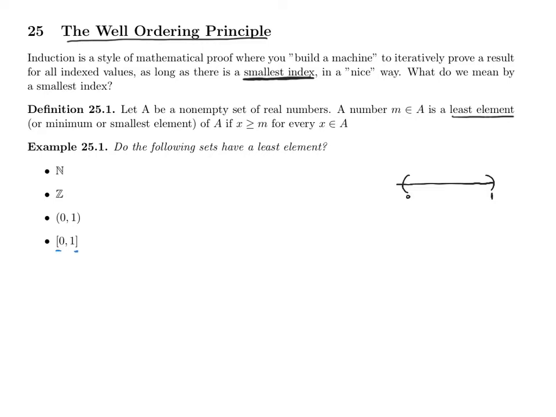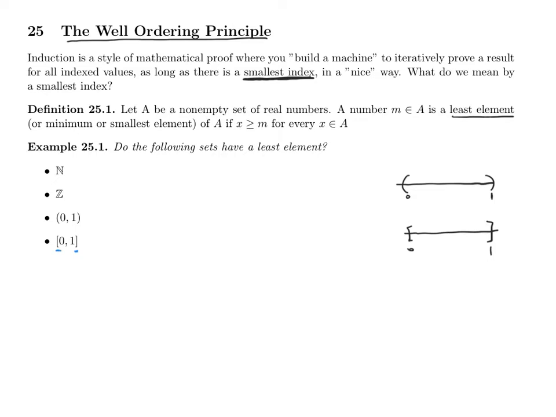That's everything on the number line from 0 to 1, but including these points. So pause the video now and think about, first of all, do these sets have a minimum element? If so, what is it? If not, come up with a way of proving that there is no minimum element. So try that. Pause the video now and give that a go.